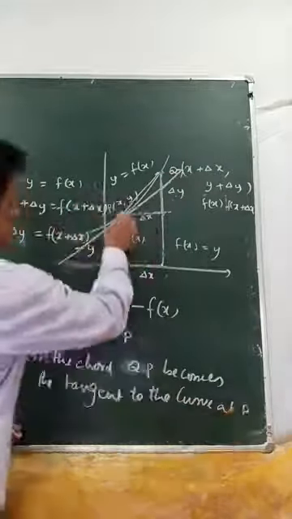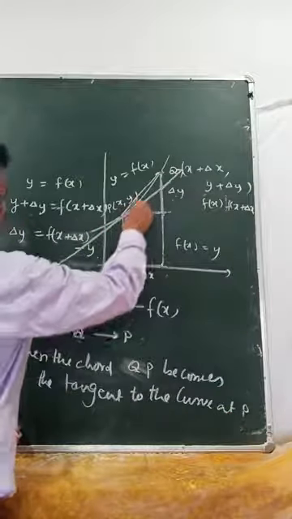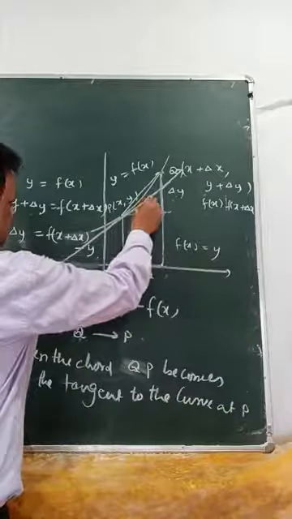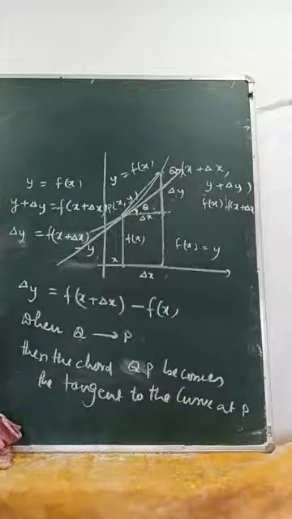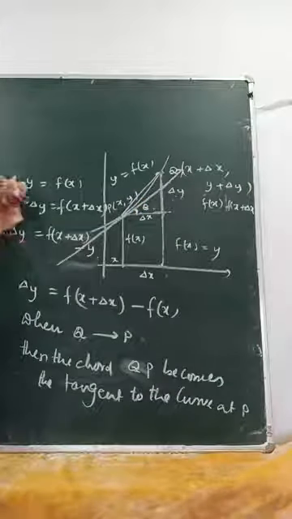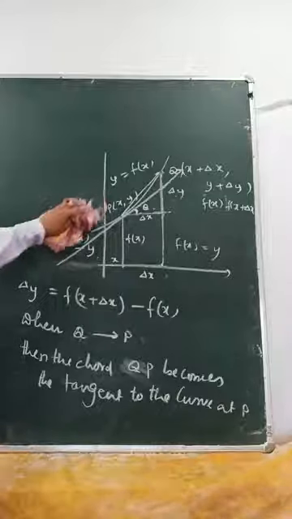So PQ, or QP, becomes the tangent to the curve at P. If this angle is theta here, then what is the slope of the tangent?